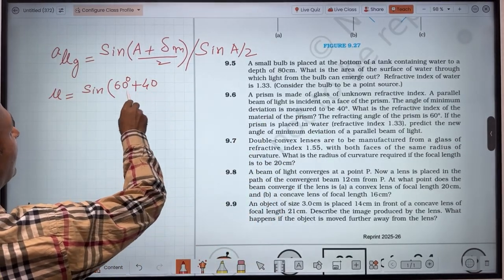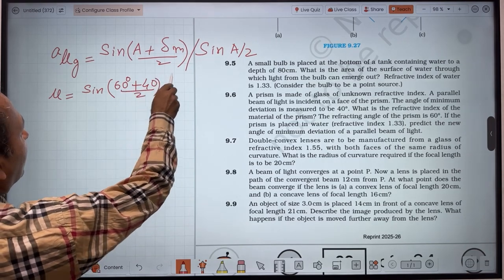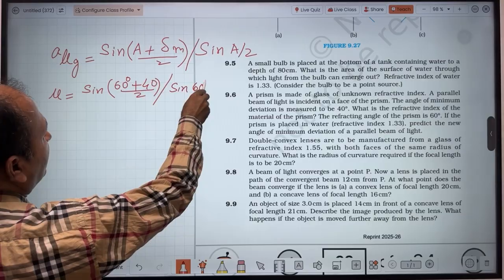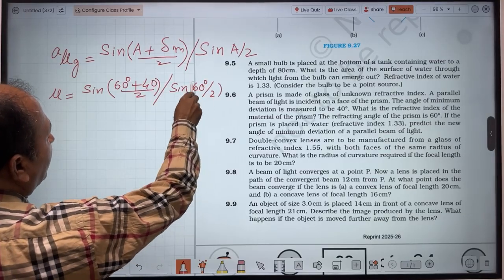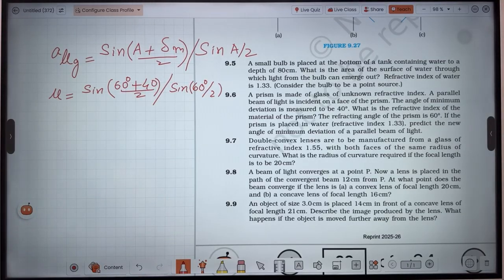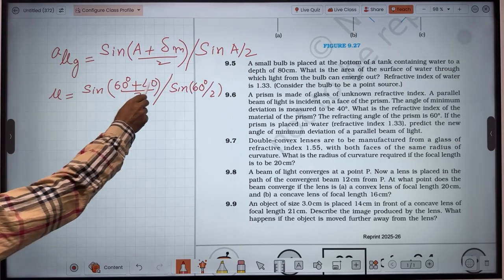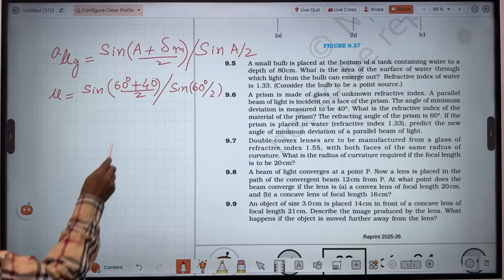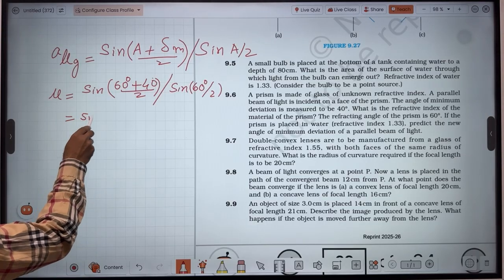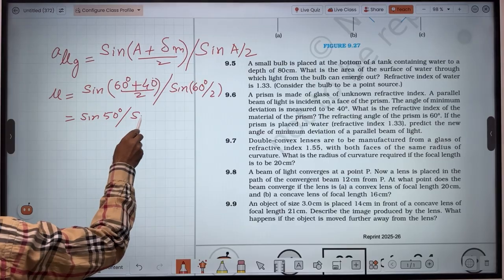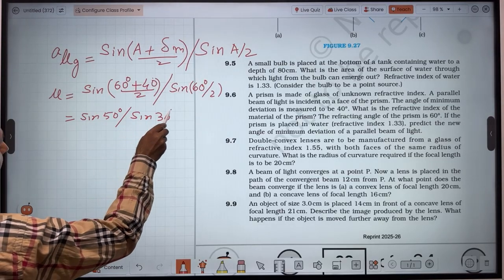So it is 40 whole divided by 2, divided by sine of 60 degree divided by 2. Correct. Now you can evaluate. 40 degree plus 60 degree is 100 degrees, so this will become sine 50 degree divided by sine 30 degree.